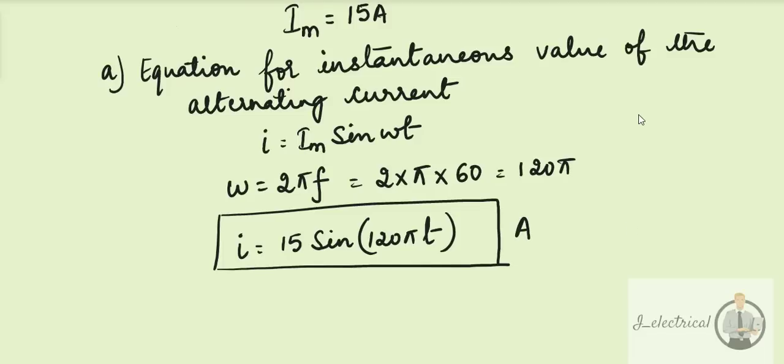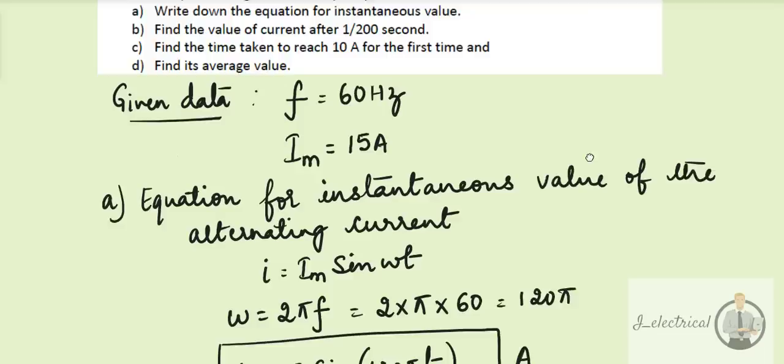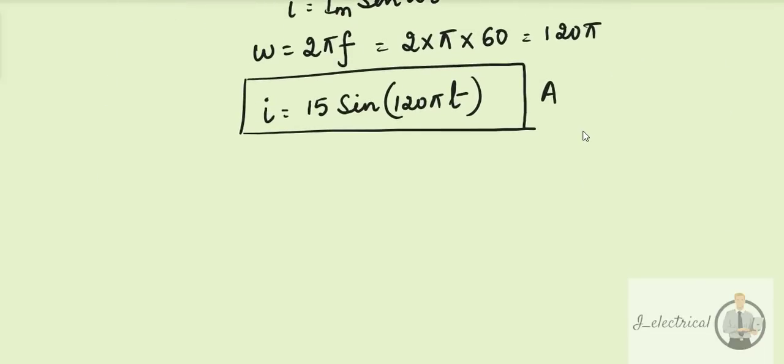Second one, find the value of current after 1 by 200 second. So I need to find out the current I at t is equal to 1 by 200 seconds.